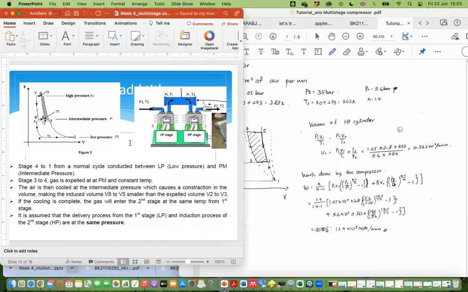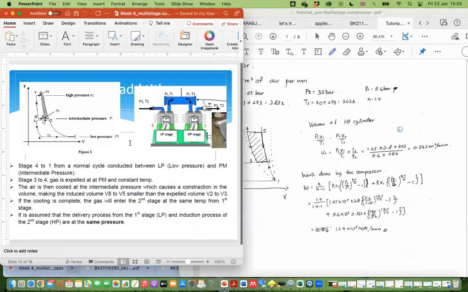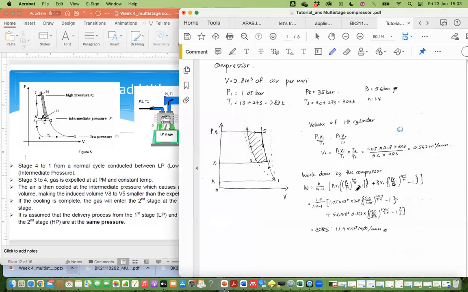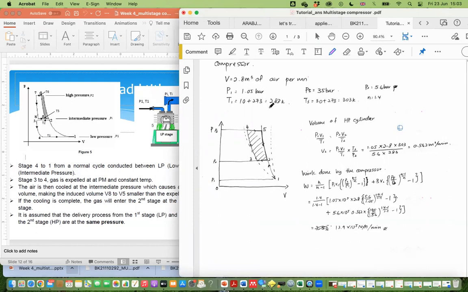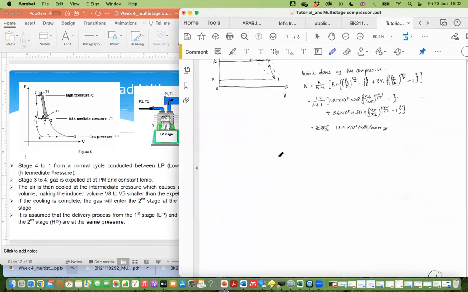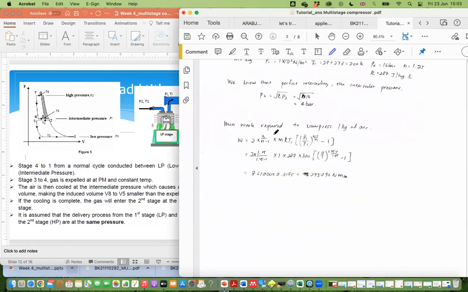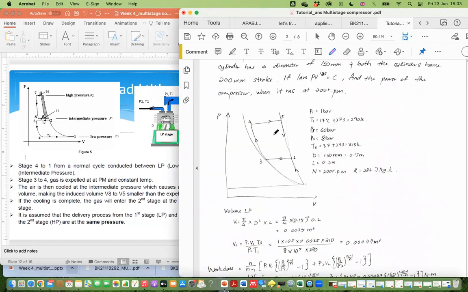If you check your lecture notes, the equation is given too. Check it later and plug in everything, I'm sure you can get an answer. It should be slightly higher than this, about 14.9 or 15, because I use your higher volume. So next, move to the second question.